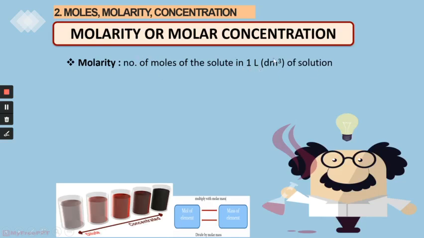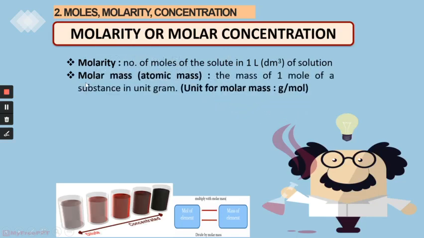From this definition, we know the amount of solute in mole and the amount of solution in volume in unit liter. Molar mass, or atomic mass, is the mass of 1 mole of a substance in unit gram. So the unit for molar mass is gram per mole, as mentioned before.